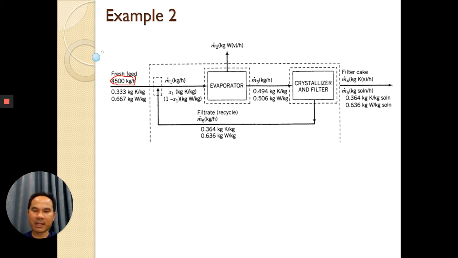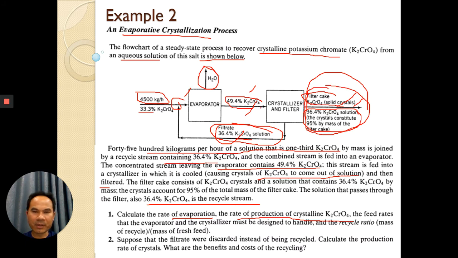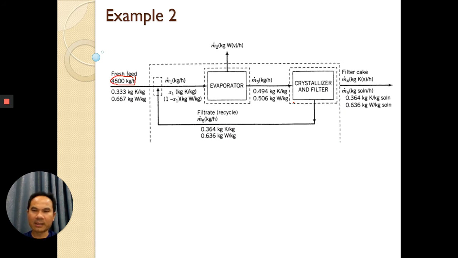Then we draw the flow chart. We know some components already. The components are potassium chromate and also water. This is the composition in the recycle and total mass rate denoted as M6, and the product.